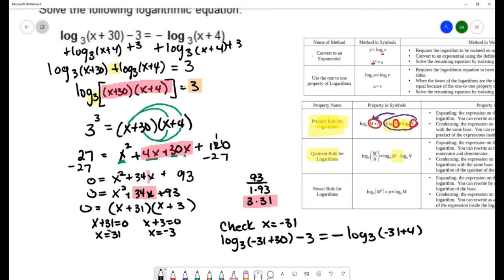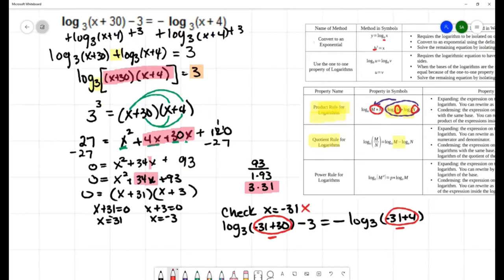And the restriction that log expressions have is that you can only take the log of positive values. So if I look inside this log, negative 31 plus 30 is a negative value, and log of a negative is undefined. The same thing happens over here in this log expression. Log of a negative is undefined. And so we have to throw that solution of negative 31 away.